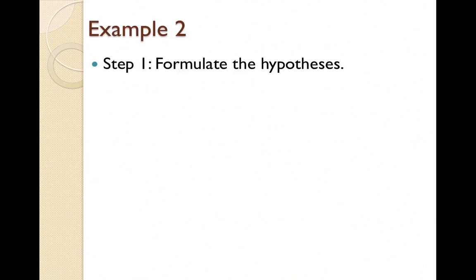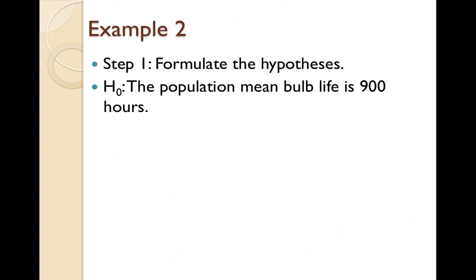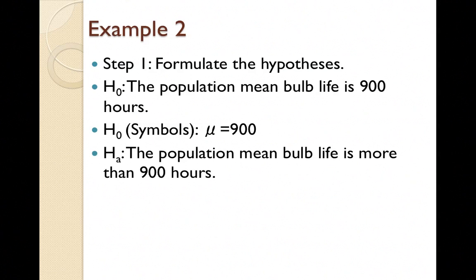The hypotheses. The population mean bulb life is 900 hours, mu equals 900, and the counterclaim, the manufacturer is stating that the population mean bulb life is more than 900 hours, mu is greater than 900 hours. So our null hypothesis states that the new bulbs are no better than the old bulbs.